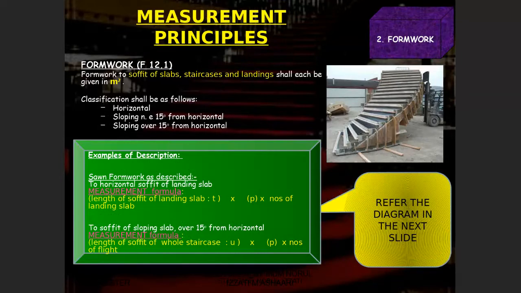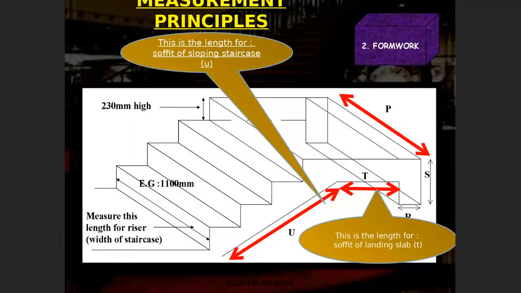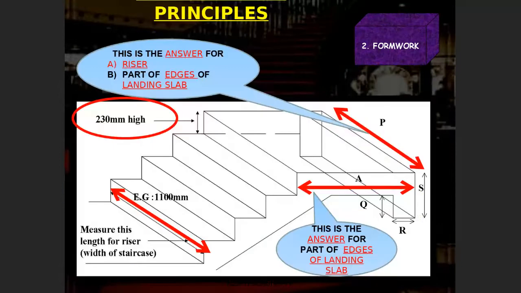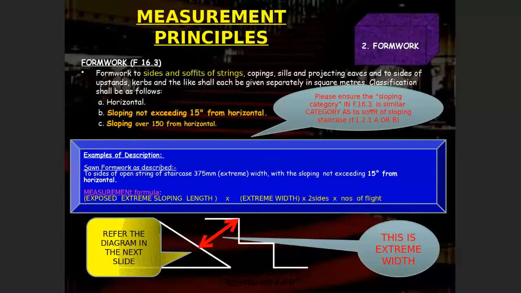We have to identify what kind of formwork and then to what item, and how to measure is what we have discussed just now. So every single item has been shown with an example of the description. And then what I showed you earlier is just to make everything simple and easy according to the drawing, step by step. Okay, you can go through this one again in detail.